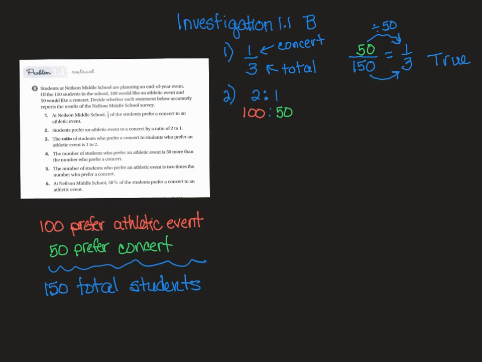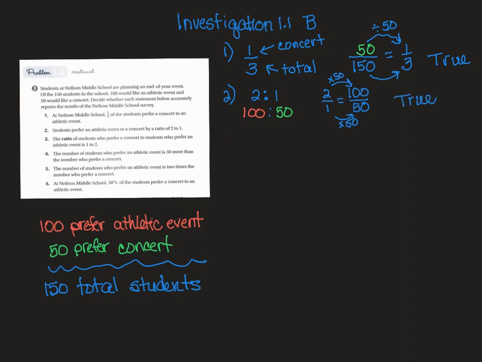And if I wanted to write them as a proportion, I could say, is 2-1 the same as 100 to 50? And I would know that that was true because each side divided by 50 or multiplied by 50, right, so I know that they're equivalent. Okay, so that is also true.